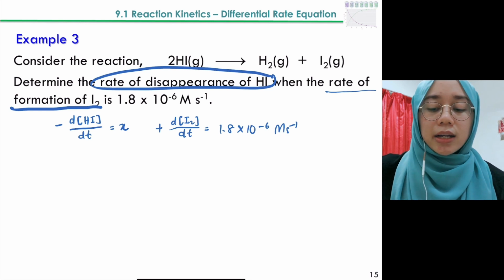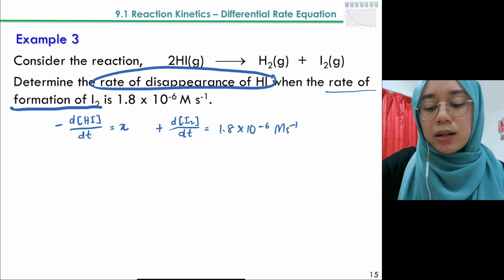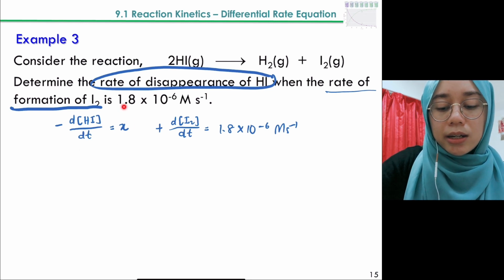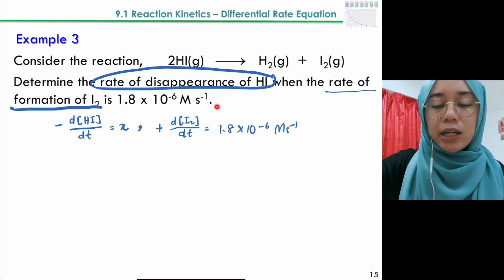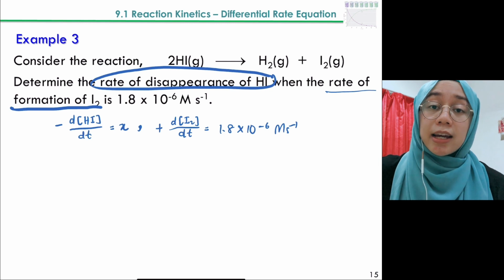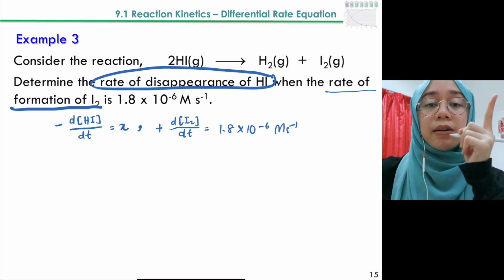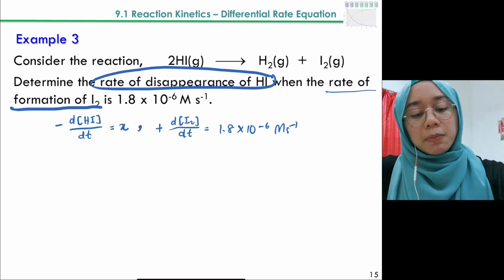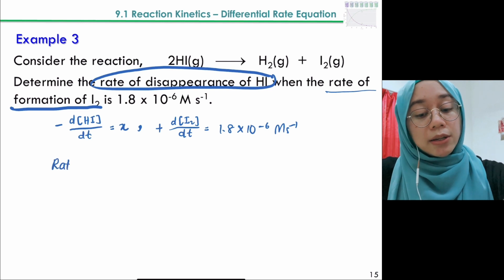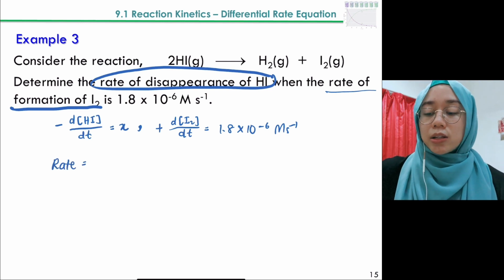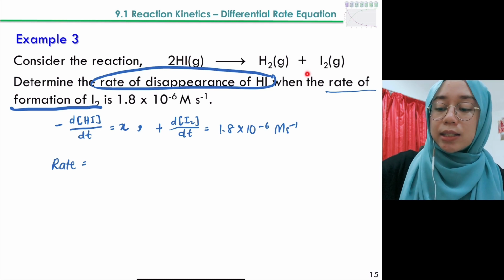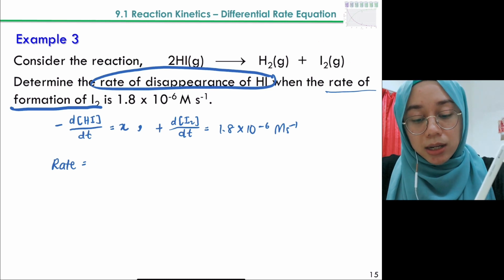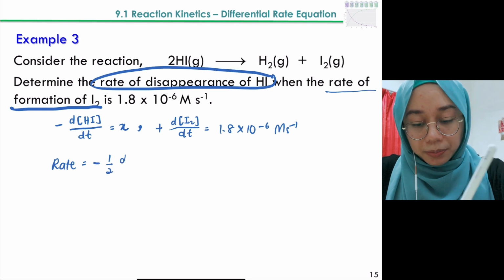Okay, jadi sekarang ni kita nak tengok apa relationship antara dua benda ni. Okay, antara this info here dengan info yang ada dekat sebelah ni. Okay, so apa yang kita kena buat sekarang? Kita kena tulis differential rate equation. Okay, tapi differential rate equation ni, so tolong tulis rate dahulu. Okay, so kalau kita keluarkan differential rate equation untuk equation yang atas ni, okay, so Miss tulislah negative 1/2.